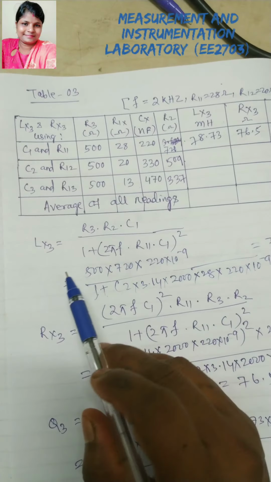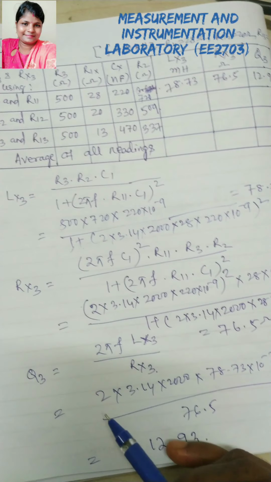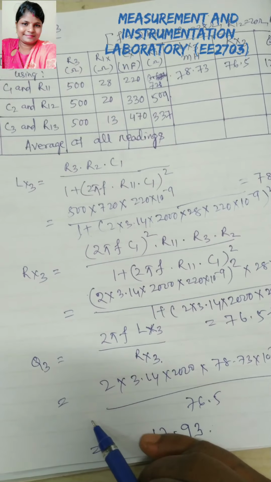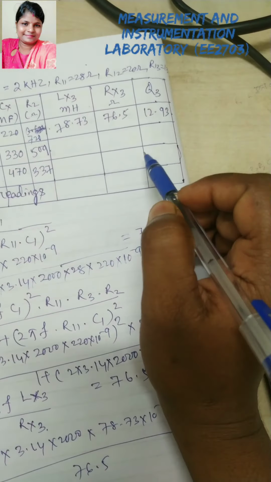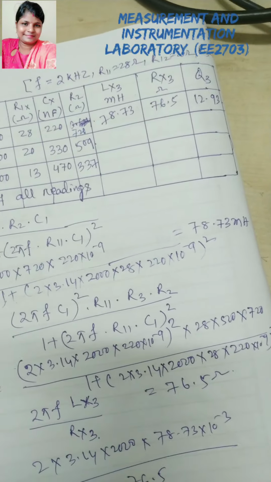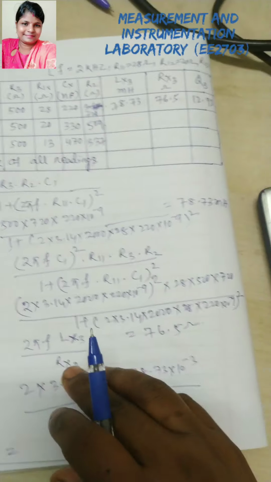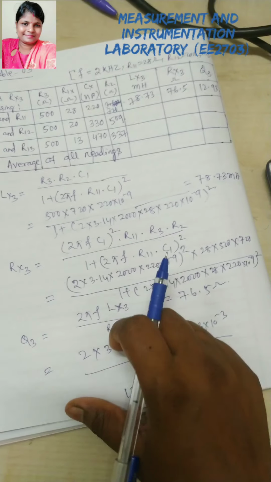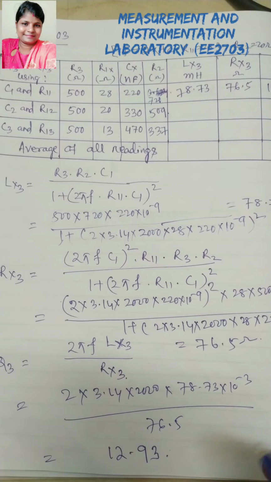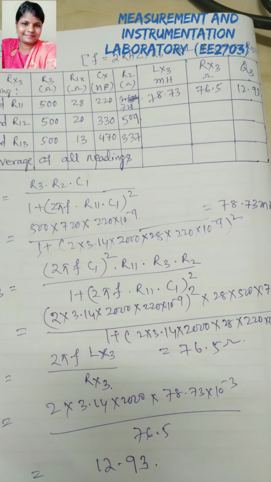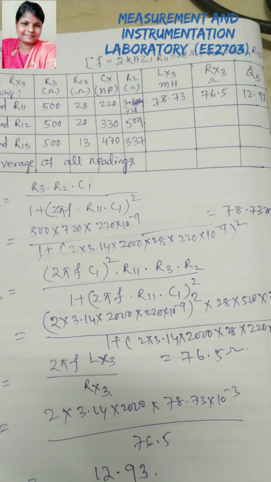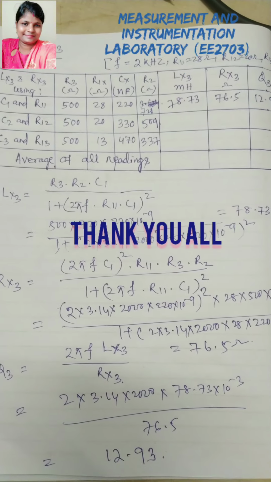So calculate the value of LX3 and RX3, Q3 and find out the average of LX3, RX3 and Q3. Okay, this is the tabulation. So these are the observation tables. So you have to calculate all the values. Okay, thank you.